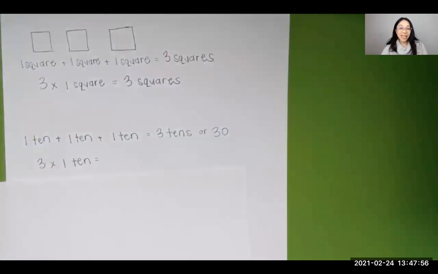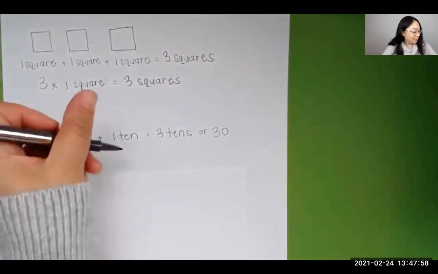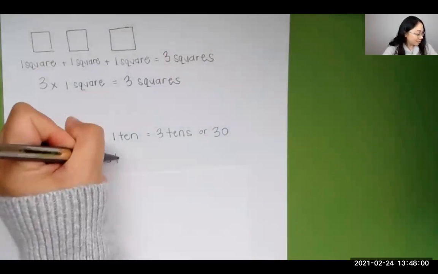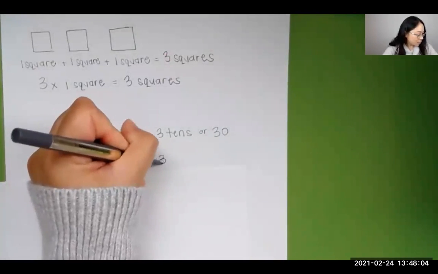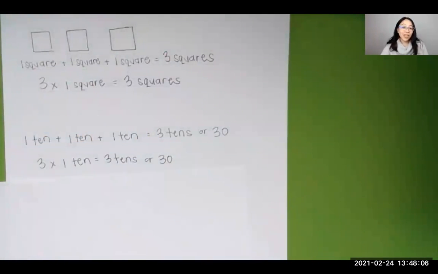Again, it's 3 tens or 30. You'll see that even though the units have changed, the numbers remain the same. This idea still applies to fractions too.